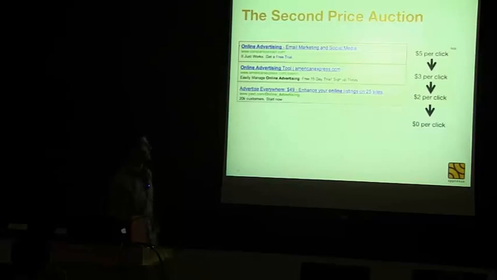And as you guys know, what this means is whoever bids the highest actually pays what the second highest bidder bid. So in this case, if the top bidder bids $5 per click, and the second highest bidder bids $3 per click, then the top bidder wins the top spot, but only pays $3.